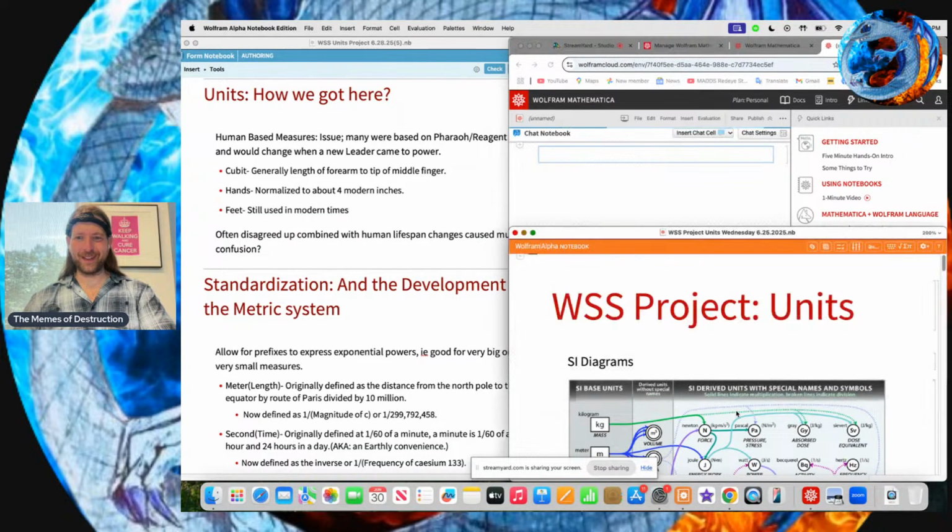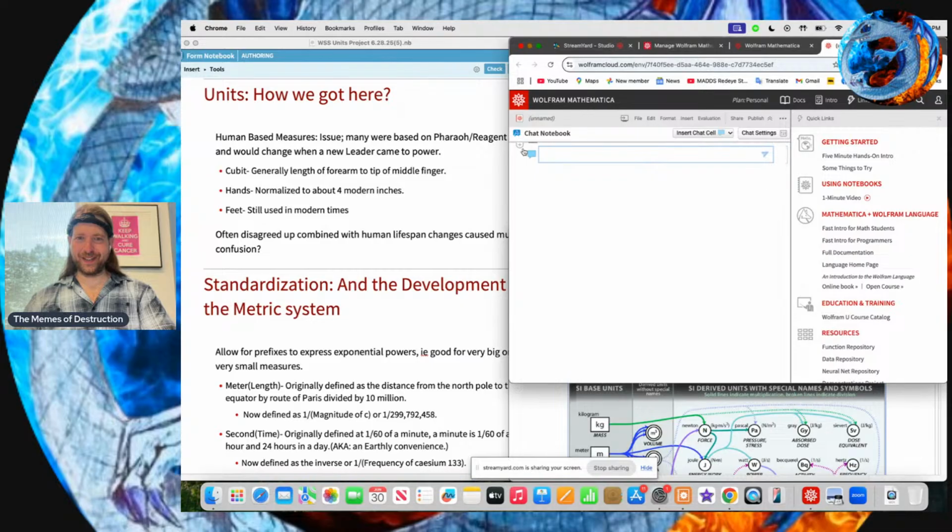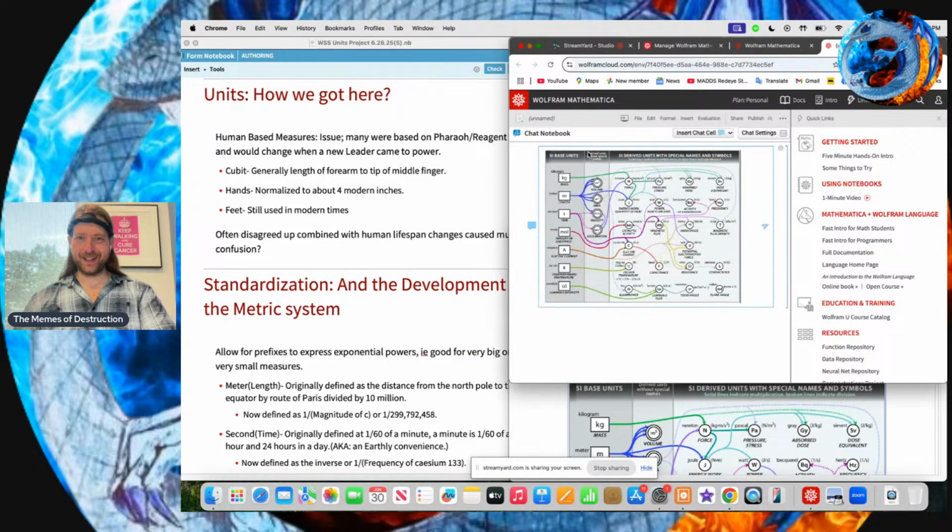All right, let's take our SI base diagram. Copy image. Oh, can I input an image? Oh, it let me put it in. Well, let's see what happens.